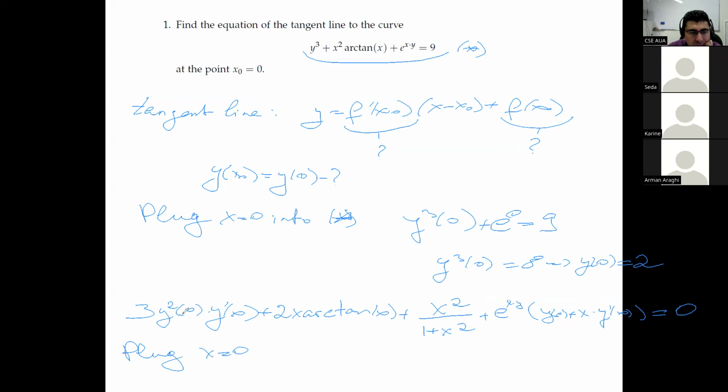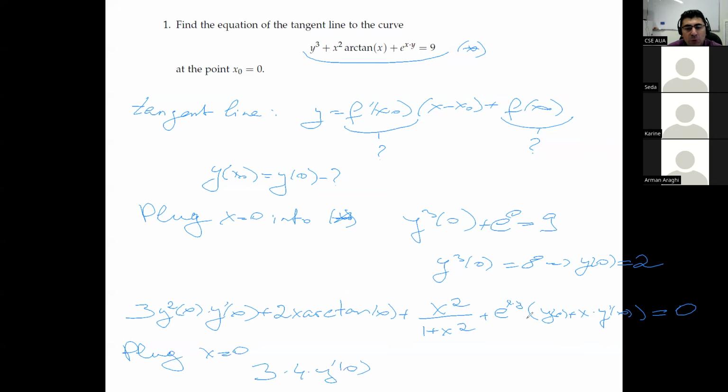So we'll get 3 times 2 squared times y prime, 3 times 4 times y prime at 0. x arctangent x when x equals 0 is 0. x squared over 1 plus x squared at 0 is 0.